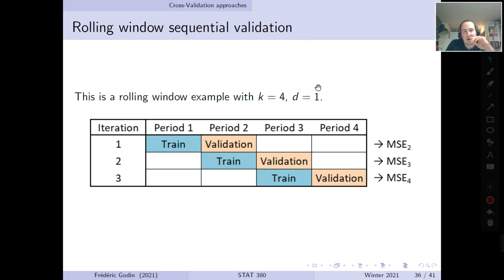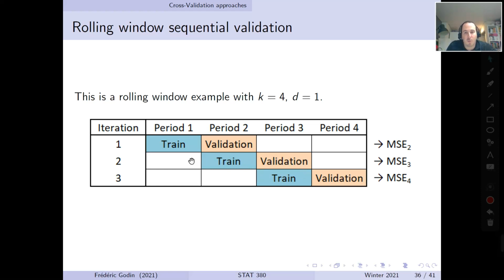So every time we use only 1 period to train the model instead of all past data. So this is pretty much like sequential validation, except in the first iteration, you train the model on period 1 and assess its performance on period 2. This is exactly as we did before. Then in the second iteration, you only use period 2 to train your model and then assess the performance on period 3.